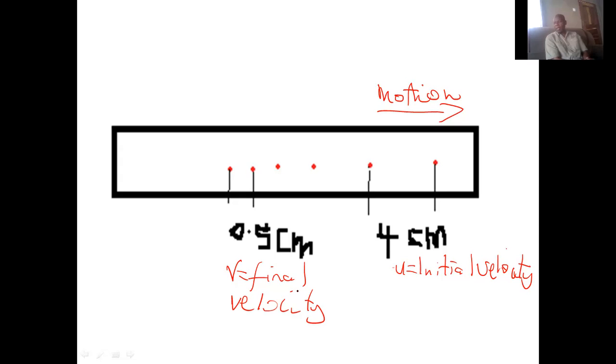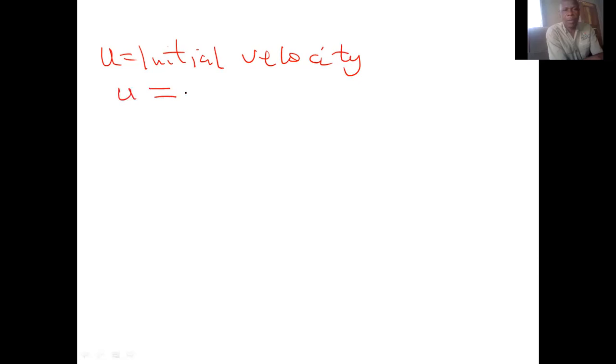And so the first thing we are supposed to do is to calculate the initial velocity. As you may be aware, the initial velocity is equal to displacement divided by time.